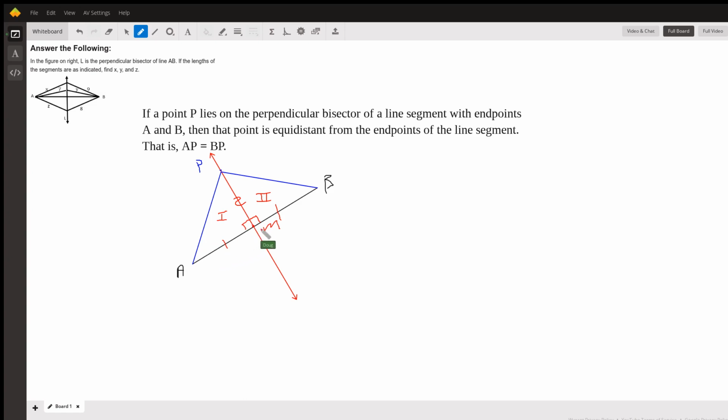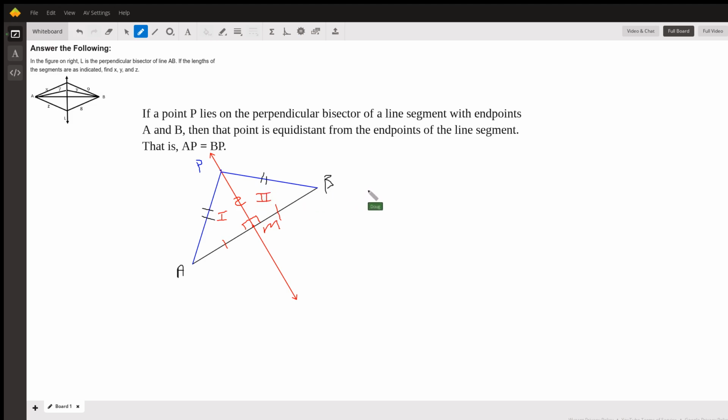And AM is equal to MB, definition of midpoint. So these two triangles, 1 and 2, are congruent by side, angle, side. And that means once the triangles are congruent, corresponding parts of congruent triangles have the same measure. So this side must equal this side.